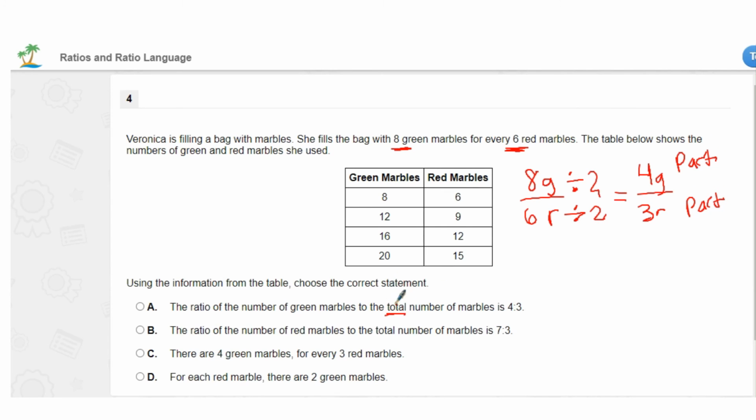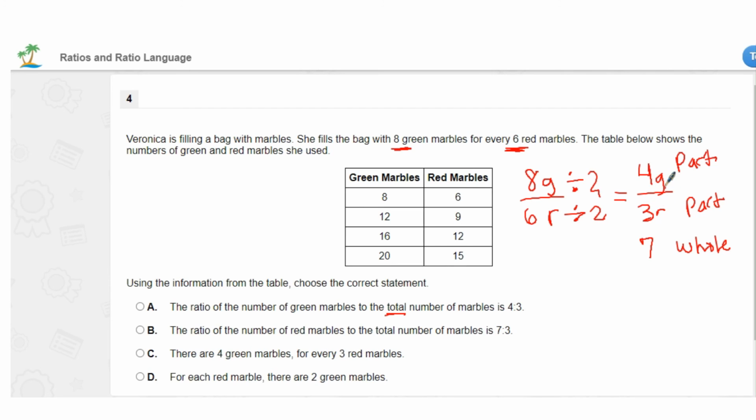But if they're asking me for total, then I need to change it to a part to whole. So the whole is obviously going to be 4 plus the 3. That's going to give me 7 whole. So this is what I'm going to use to answer this question. So the ratio of the number of green marbles, so green is going to be simplified.